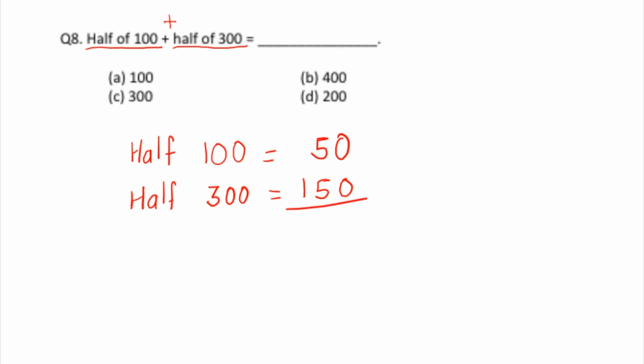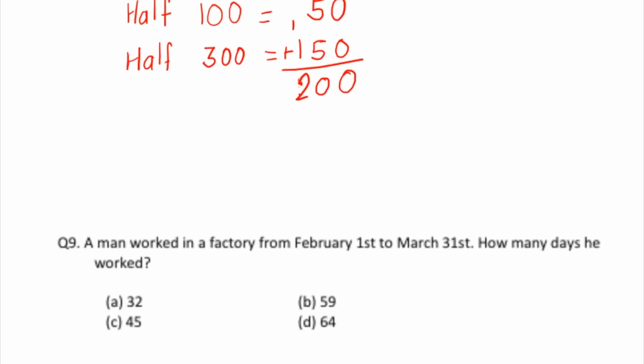Now we have to add. When we add, 0 and 0 will give us 0, 5 plus 5 will give us 10, and carry over 1, 1 plus 1 will give us 2. So the correct answer will be 200. Okay, this one was an easy one.